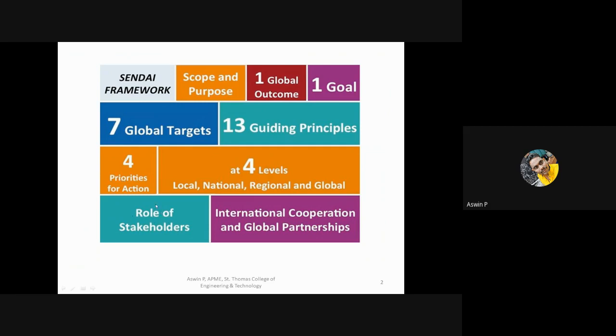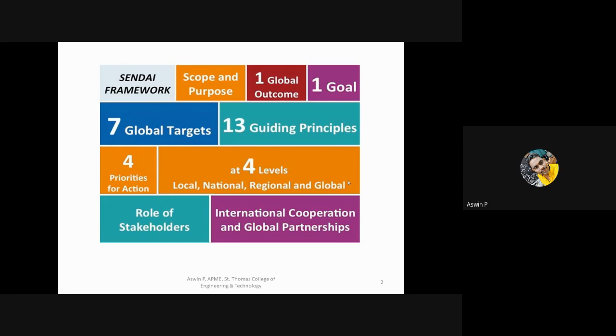The role of stakeholders we have discussed a lot in the fourth module, and the levels: local level, national level, regional level, and global level. There are different types of disaster management arrangements, and the institutional arrangements we have also discussed. At the district level there is a district disaster management system, at the state level a state disaster management system, and at the national level the National Disaster Management Authority.